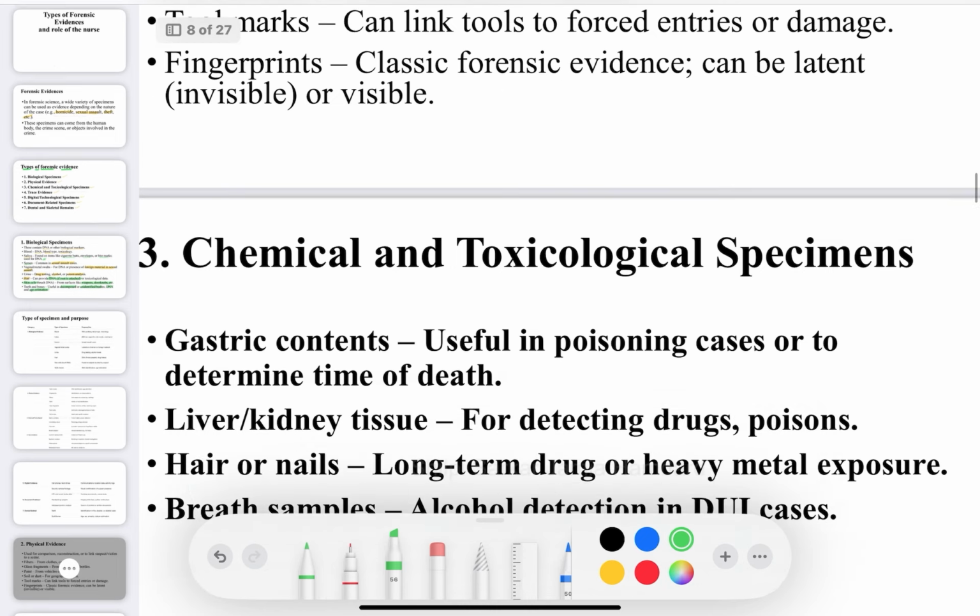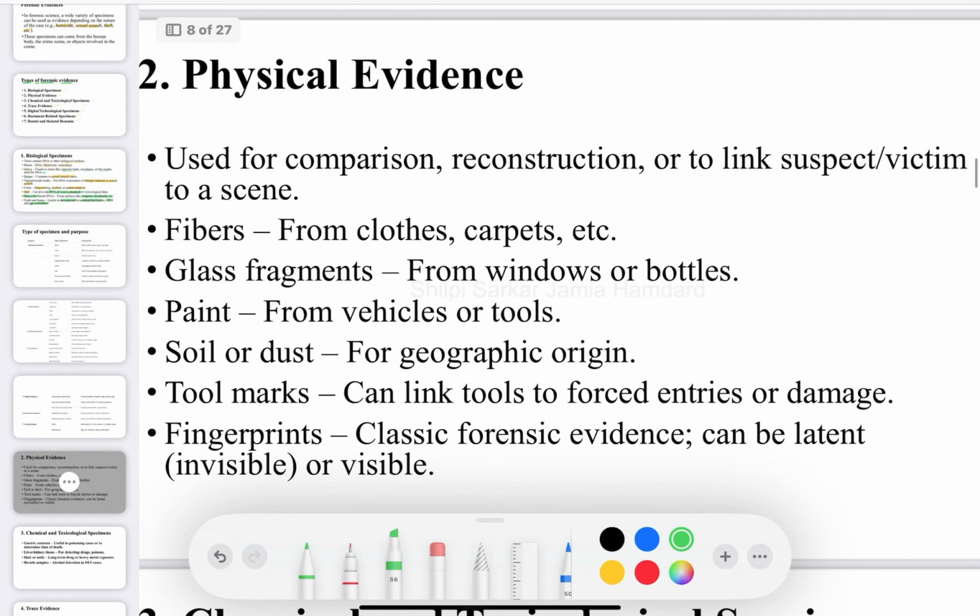Now we are discussing the second one, physical evidence. Physical evidence is used for comparison, reconstruction, or to link a suspect or victim to a scene. It comprises fibers, glass fragments, paints, soil or dust, tool marks, and fingerprints.